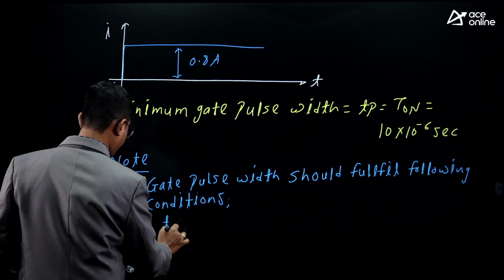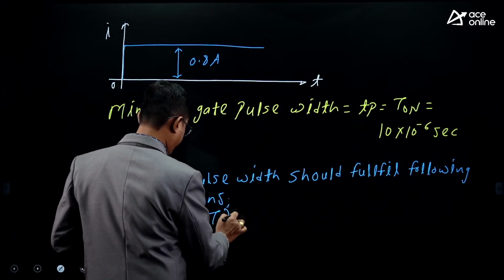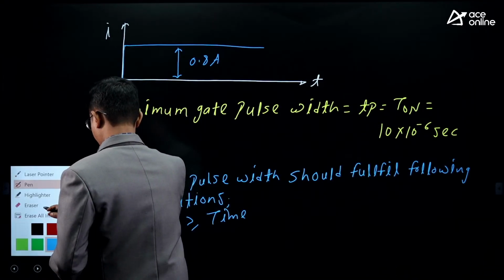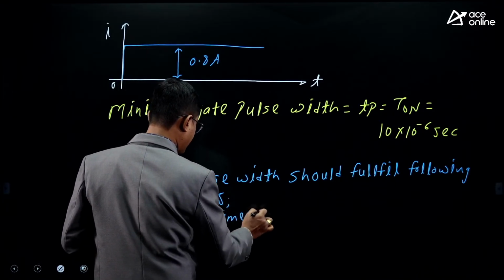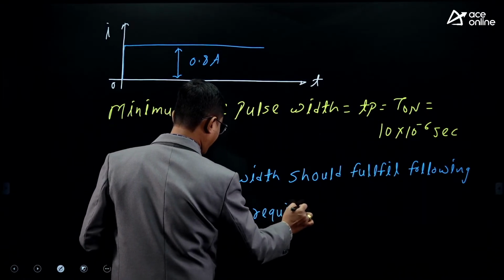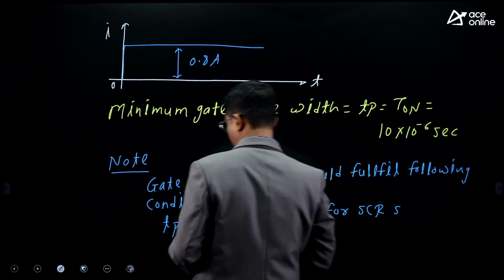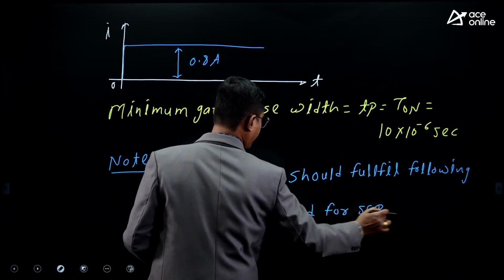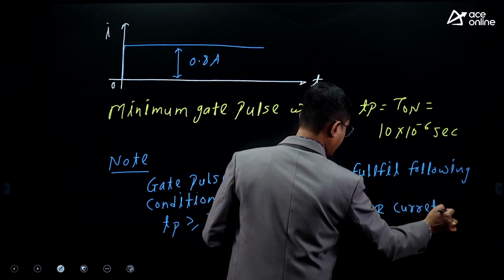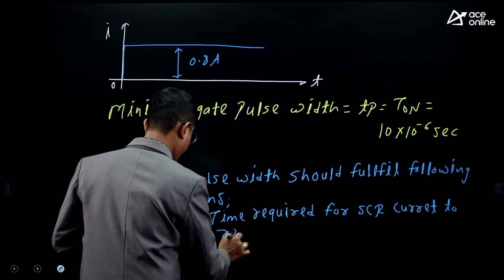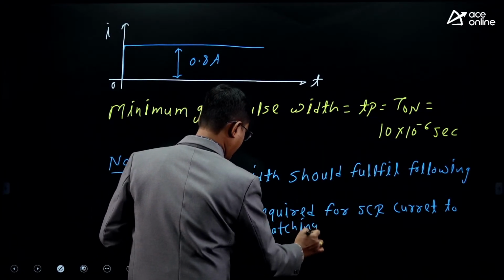Gate pulse width should be greater than or equal to the time required for the SCR current to reach the latching current value.